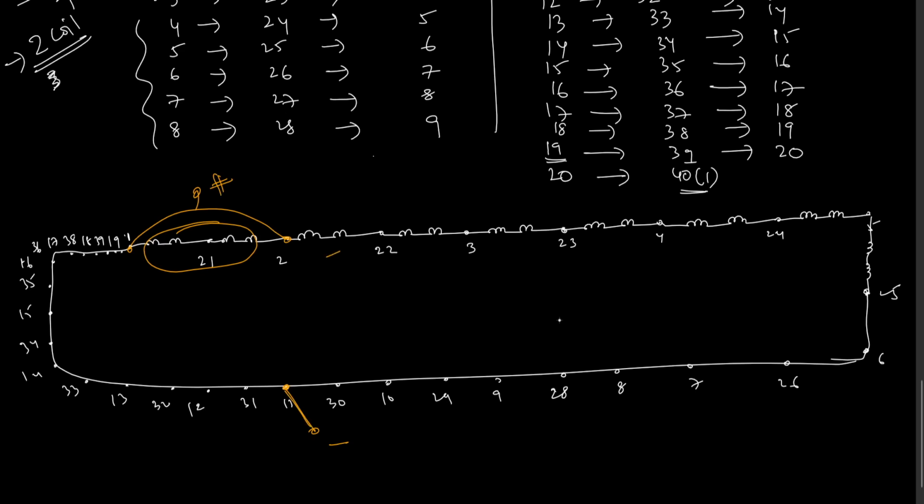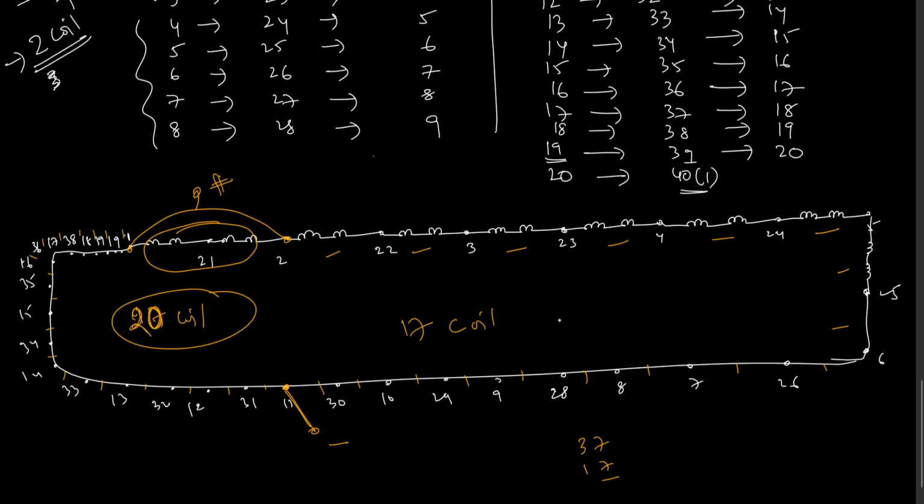This is 1 2 3 4 5 6 7 8 9 10 11 12 13 14 15 16 17 coils on one circuit. Two coils are shorted, so out of 39 coils, two are shorted. One side we have 17 coils and the other side we have 20 coils.